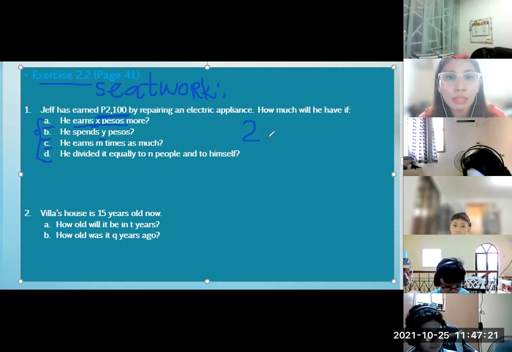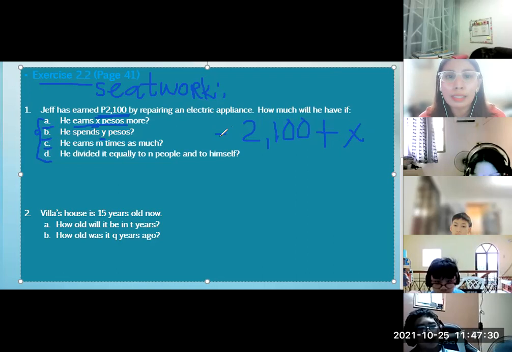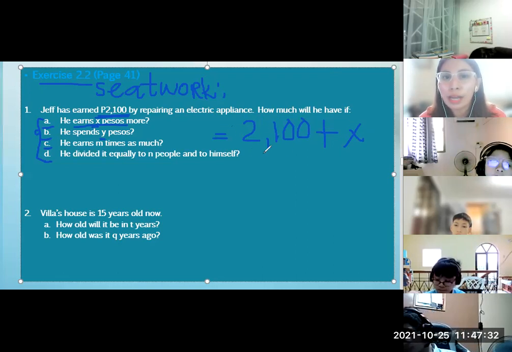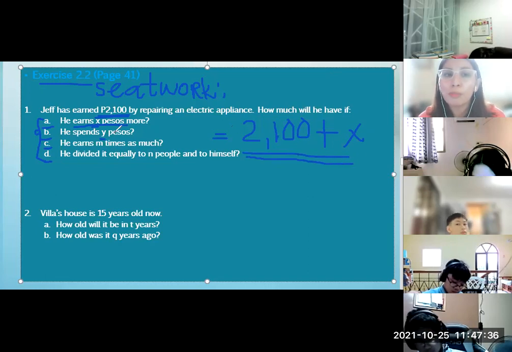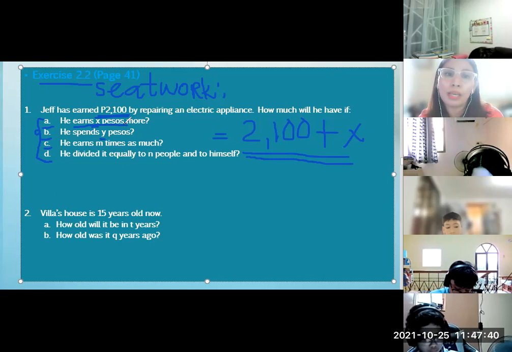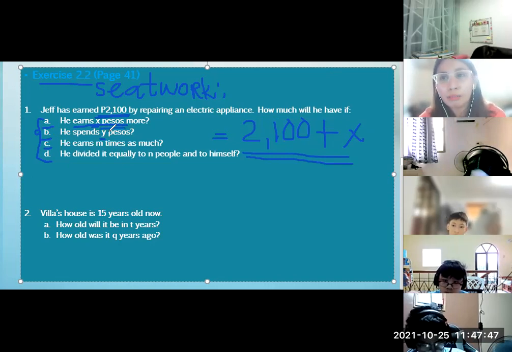So, 2,100 plus X. This is the correct expression on number 1, letter A. It says X pesos more, so we don't know what the X value is.